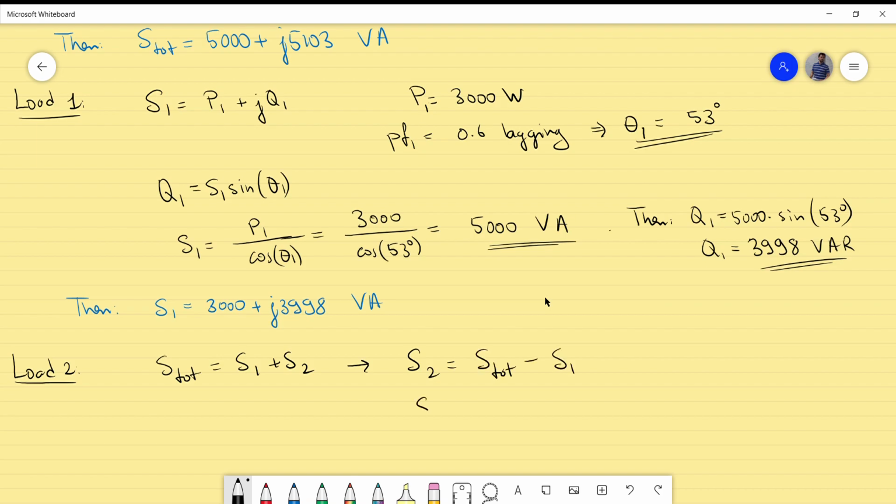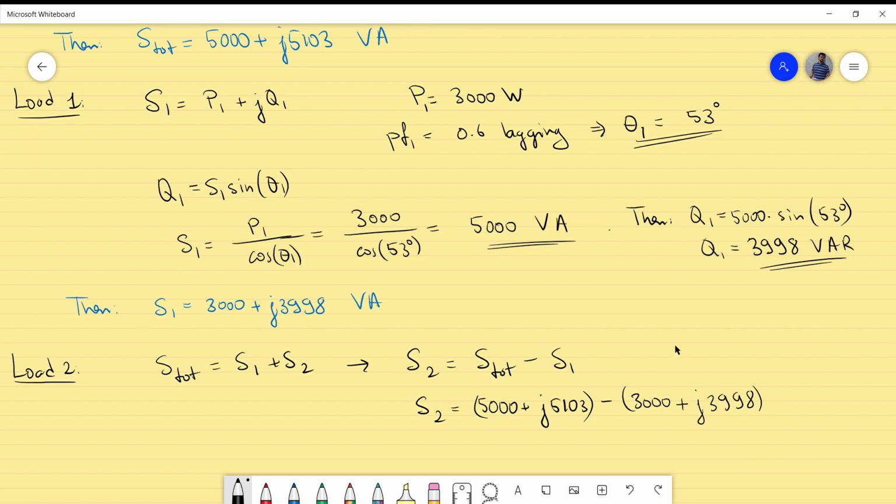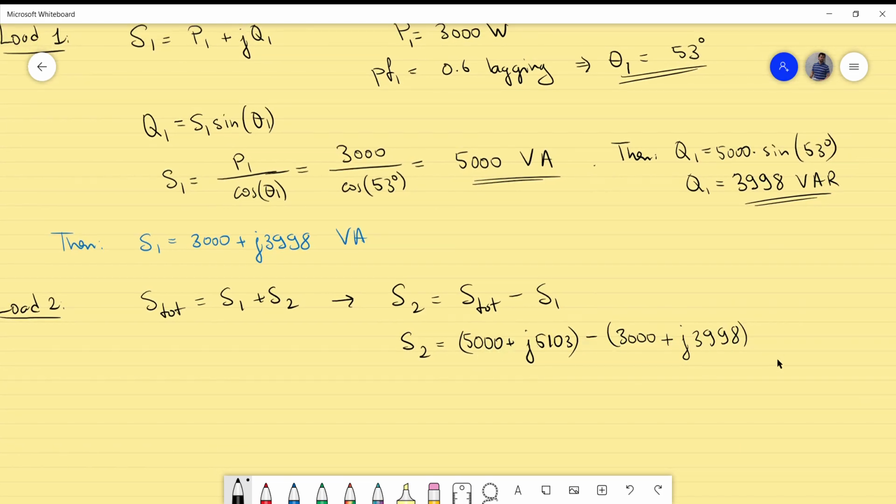Filling in the values, S total is 5000 plus j5103, in parentheses, and S1 is 3000 plus j3998. The value of S2 can be calculated by subtracting the real parts and the imaginary parts.